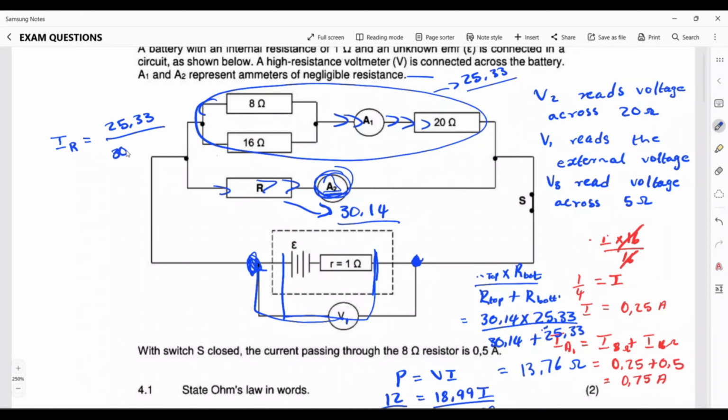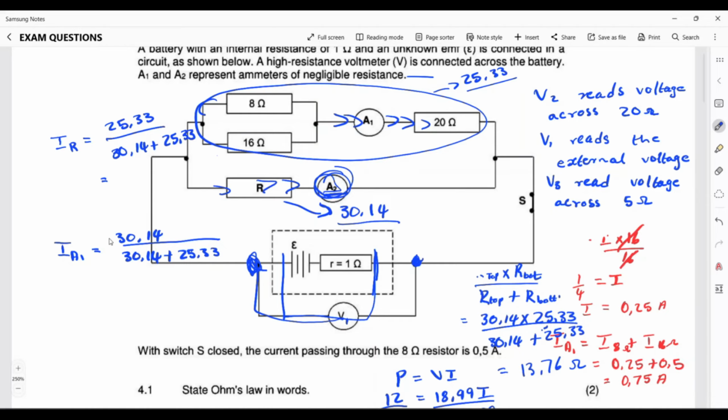That's going to be 30.14 plus 25.33 over there. When you do the calculator, what are you getting? And also let me write the other side as the current passing through A1 as 30.14 over 30.14 plus 25.33. What answer did you get for the first one?